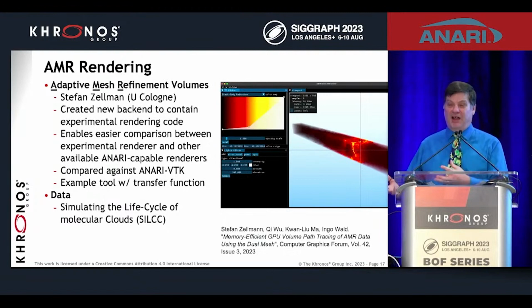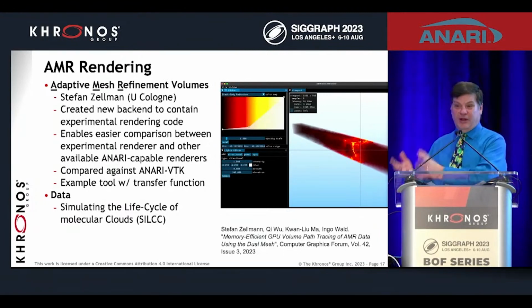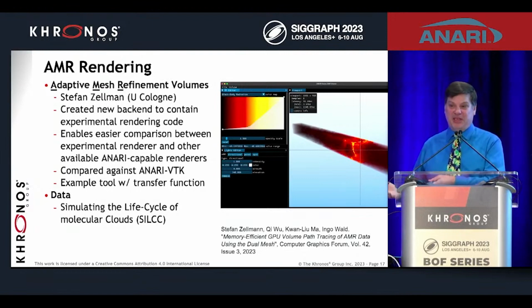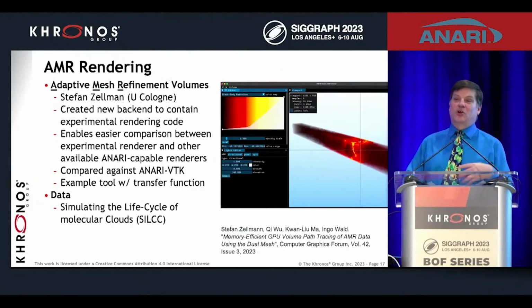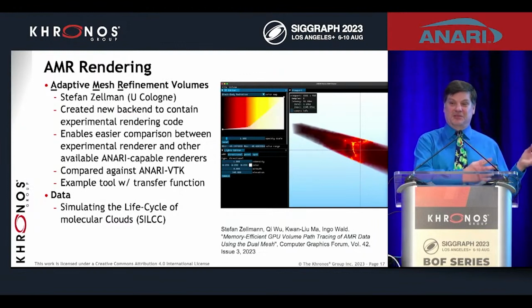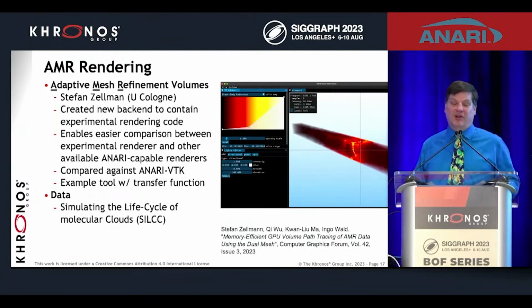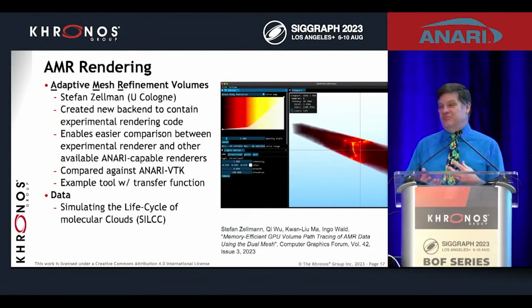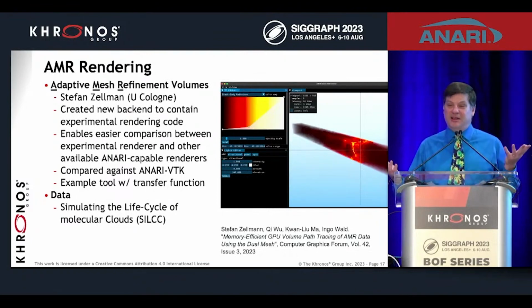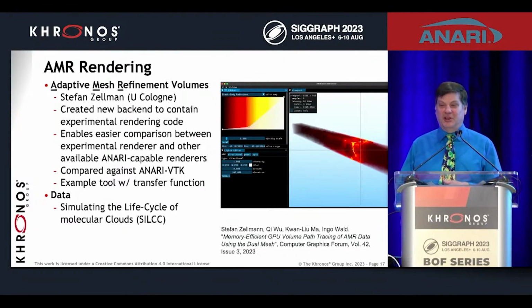It was running fine, but for research purposes, he couldn't compare the rendering quality or the rendering speed very easily without having to go write an Osprey version of his renderer, where he still uses adaptive mesh refinement, but now renders using Osprey versus his own volume renderer or VizRTX. And once he discovered Anari, he realized if he just puts his custom renderer as a backend to Anari, all he has to do is flip a switch and he can go back and forth.